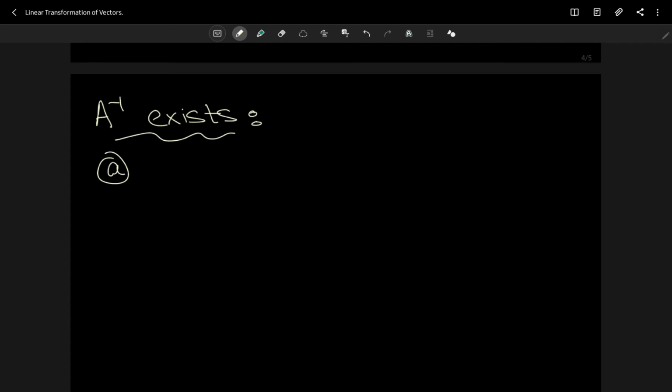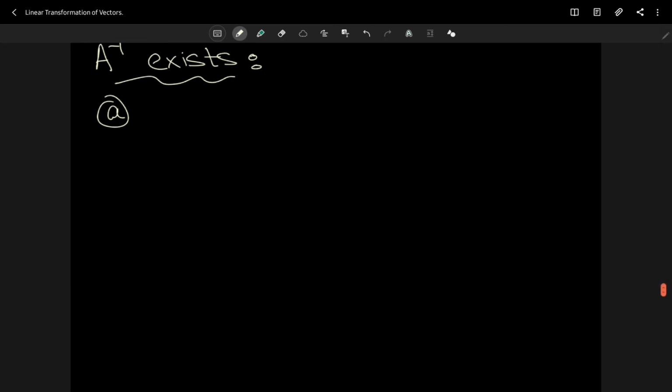Okay, so with that out of the way, here we go. If a linear transformation A has both of the following properties that I'm going to list now, in that case A inverse will exist. So A inverse exists when, first one, let's label it as A, the first property is if x is not equal to y, that would imply that the vectors that x and y form are also not equal.